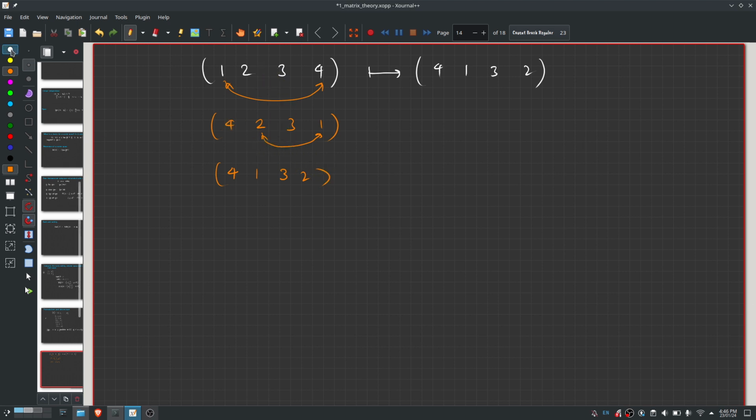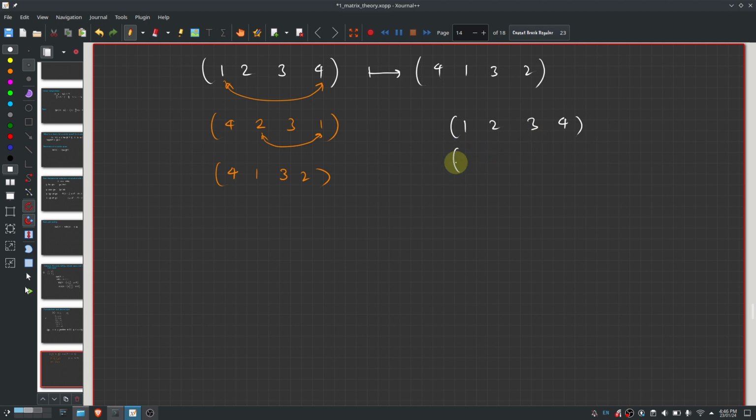But let's try any other way. Let's take 1, 2, 3, 4. Can you give me some other sequence of pairwise swaps to get to 4, 1, 3, 2? Take anything.